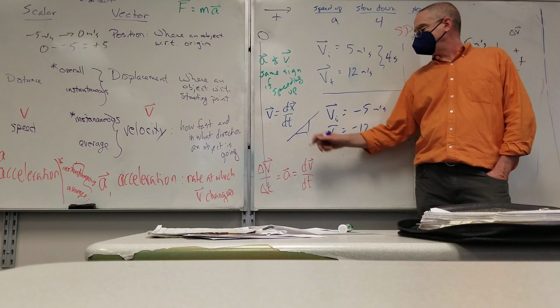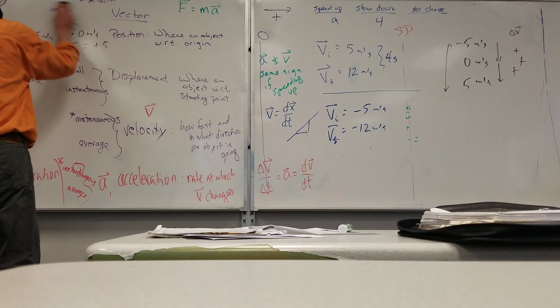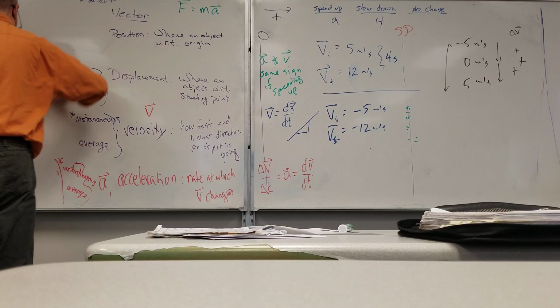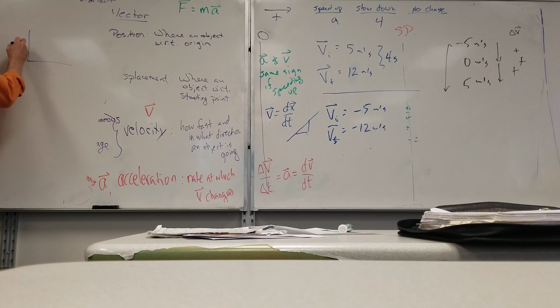So if I've got, well, let's look at the graphing point of it. If I have a position time graph, and it looks something like that.